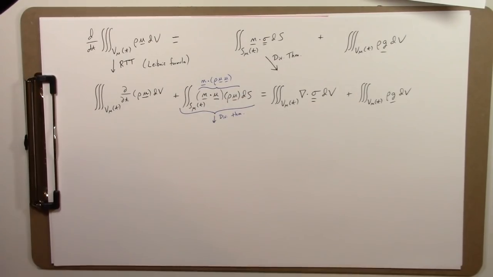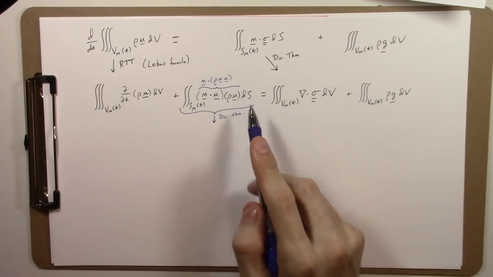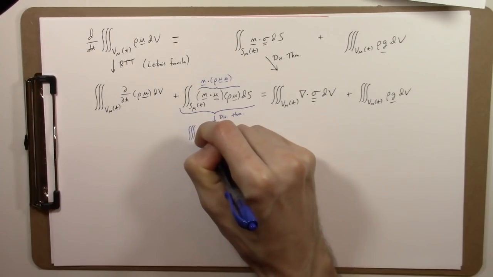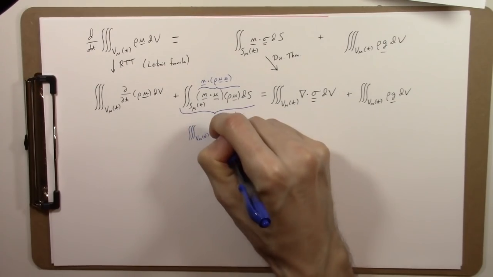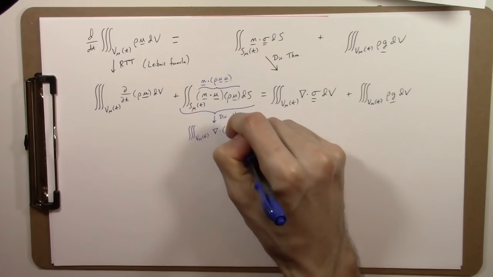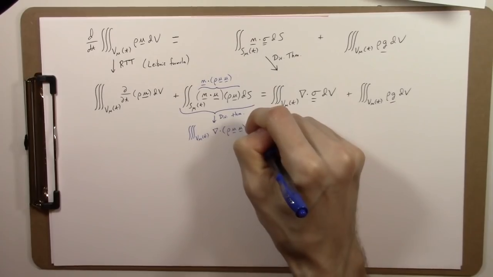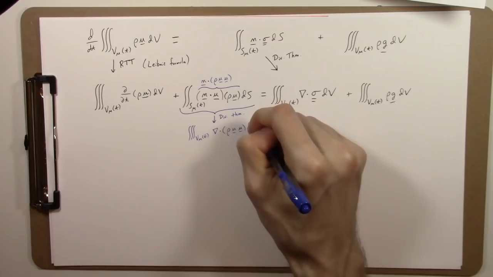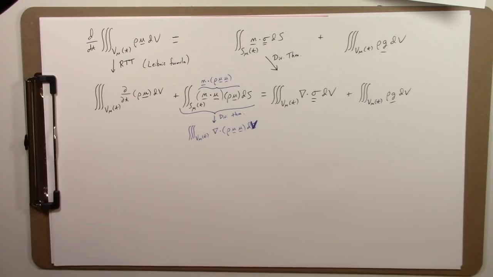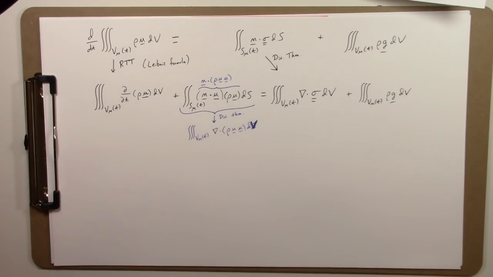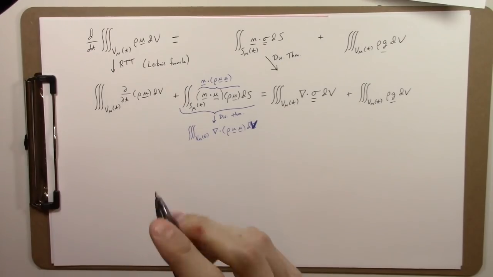So we can take the surface integral of n dot rho u u dS, and we can rewrite this as the volume integral over Vm of t of the divergence of rho u u, not dS, but dV. So now we have the volume integral of the divergence of rho u u. So we have now four volume integrals that we can combine into one.